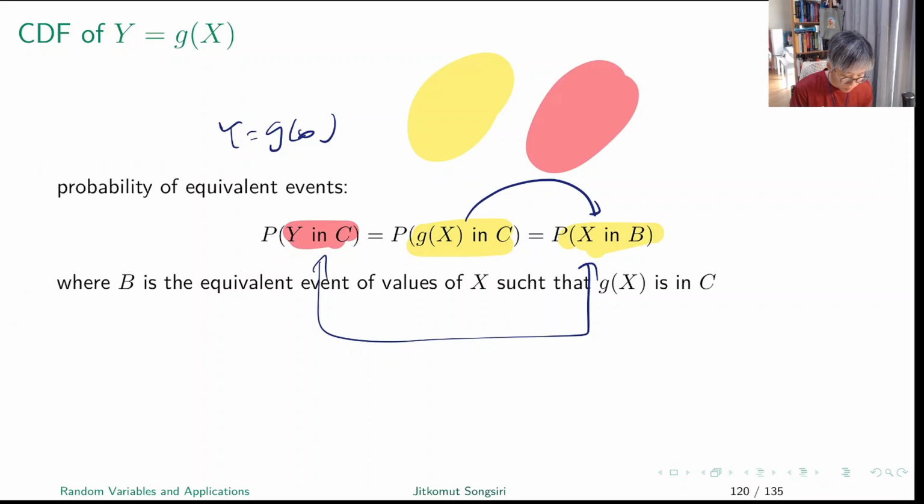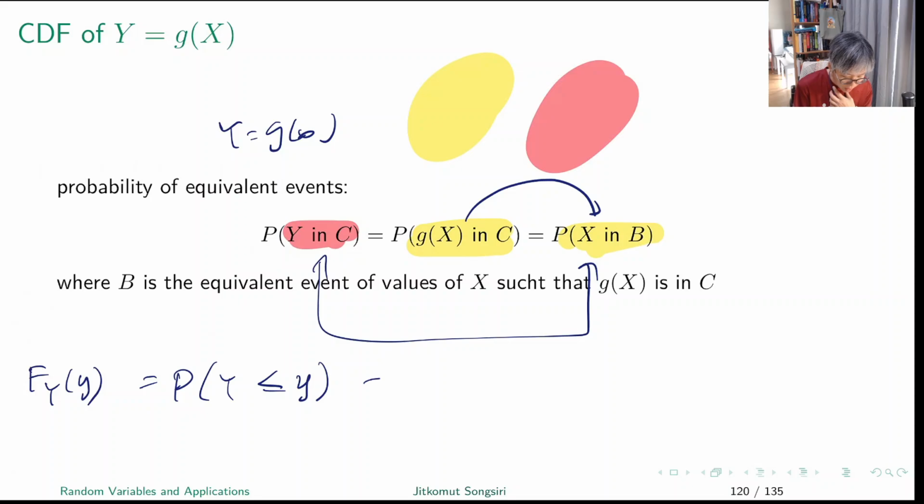Using this concept, we're going to start with the left-hand side. We start by saying something like y is less than or equal to a dummy variable small y, because this gives you the CDF of y.